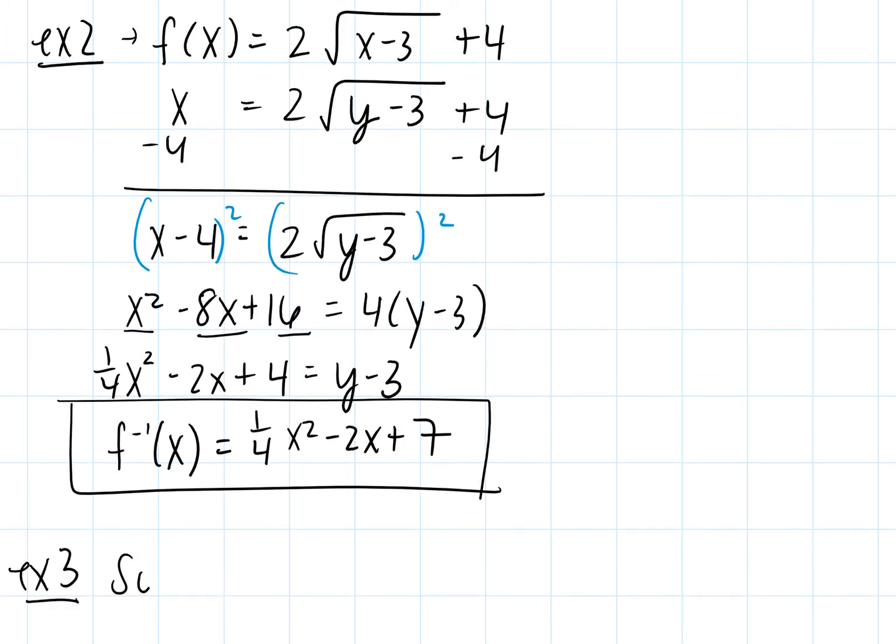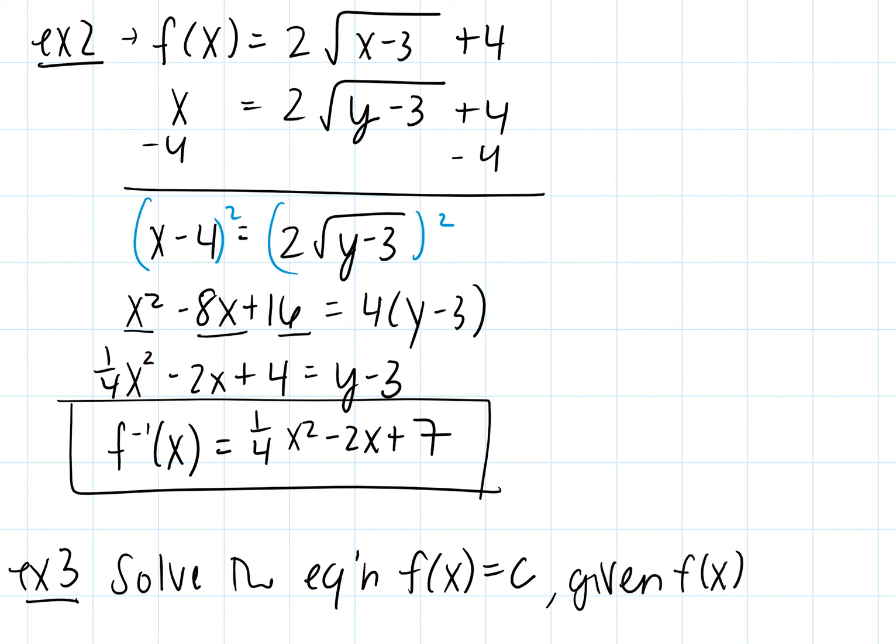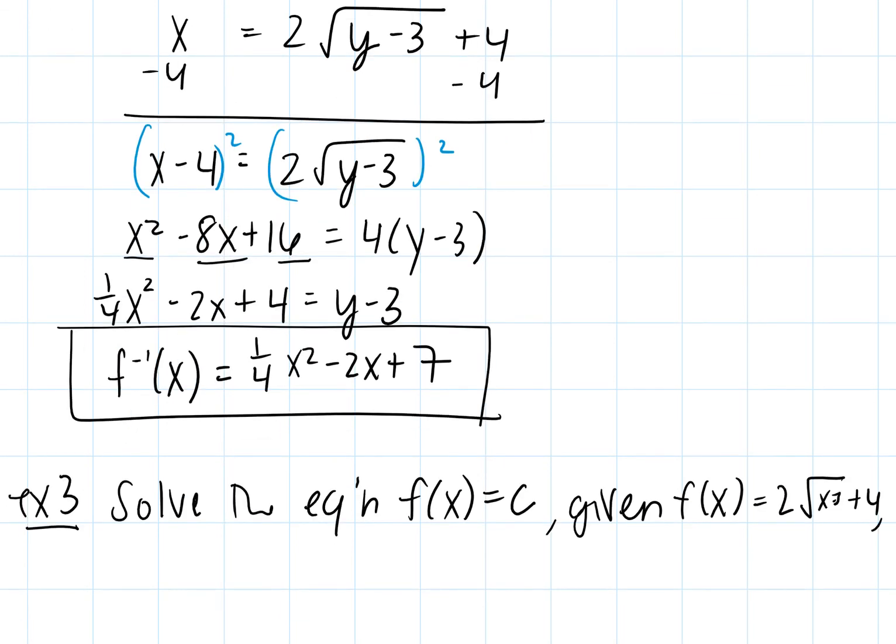Now you're going to see sometimes some related problems like this. What if I said solve the equation f of x is c, given the function f of x, let's even use the same one, for x in terms of c.